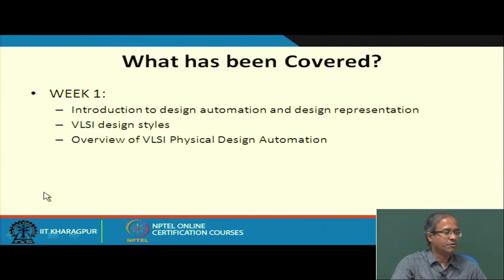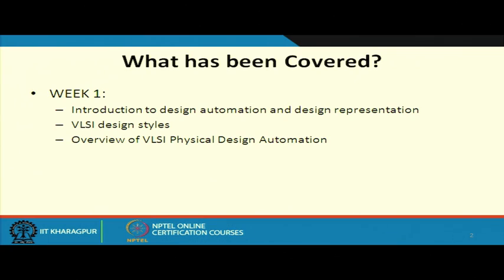If you recall, during the first week we looked at some of the basic concepts of design automation and how we can represent a design. Then we looked at the various design styles like standard cell, semi custom, full custom and so on, because we repeatedly mentioned there are many steps in VLSI physical design which are highly dependent on the design style that is actually being used.